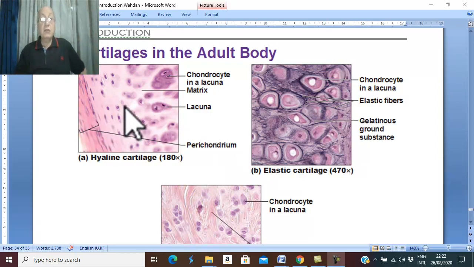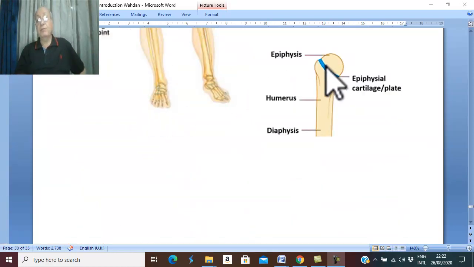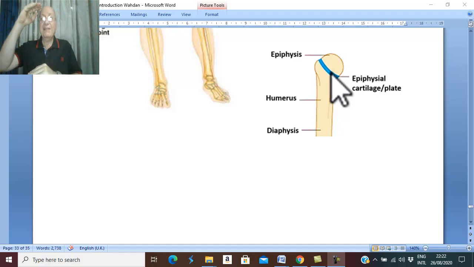Therefore, hyaline cartilage first of all represents the cartilaginous model in all developing bones in the fetus, which develop by intracartilaginous ossification. Very important is the hyaline epiphyseal cartilage, responsible for growth in length in long bones.